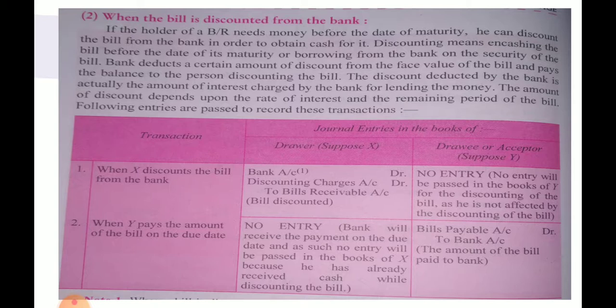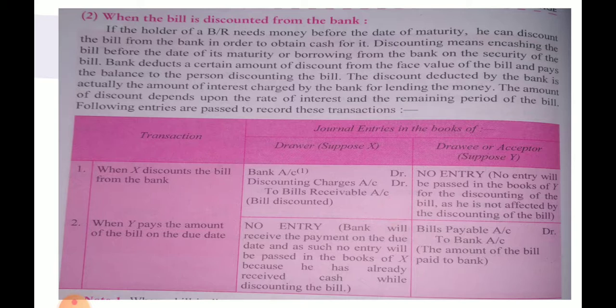The discount deducted by the bank is actually the amount of interest charged by the bank for lending the money. The amount of discount depends upon the rate of interest and the remaining period of the bill, and the following entries are recorded.